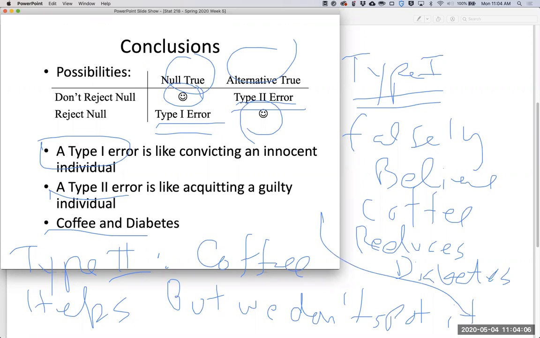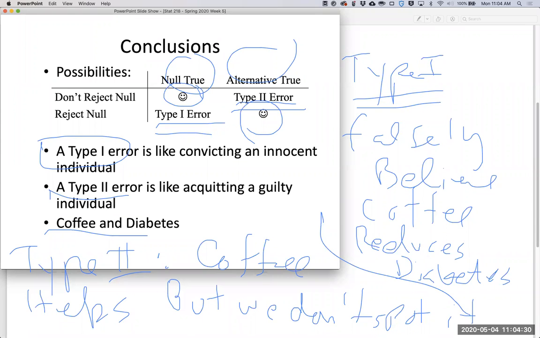Now, I would argue a type 2 error is certainly worse than a type 1 error. Because if people who develop diabetes can limit their risk of that by simply drinking coffee, that is something we should really do.